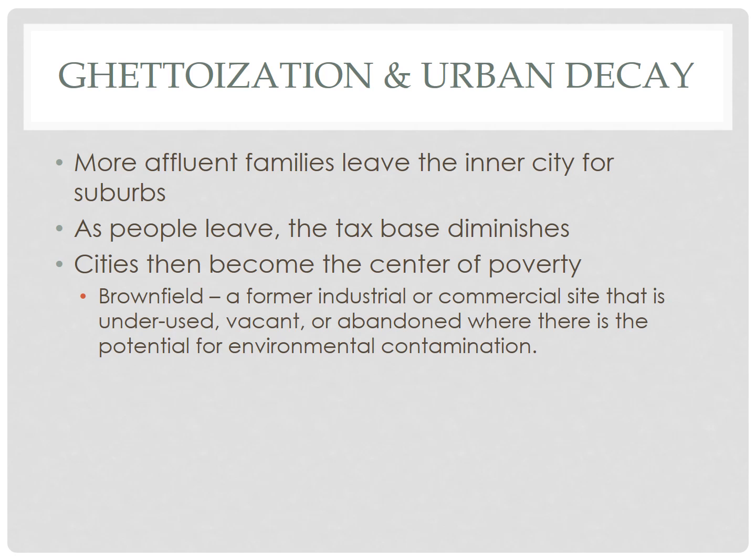And so that tax base diminishes, those services diminish. Those high income or more affluent families, we mentioned in both migration and ethnicity as white flight. That is the term that is often associated with it. So as this is happening, we see services diminish. Cities, especially inner cities, end up becoming the centers of poverty.